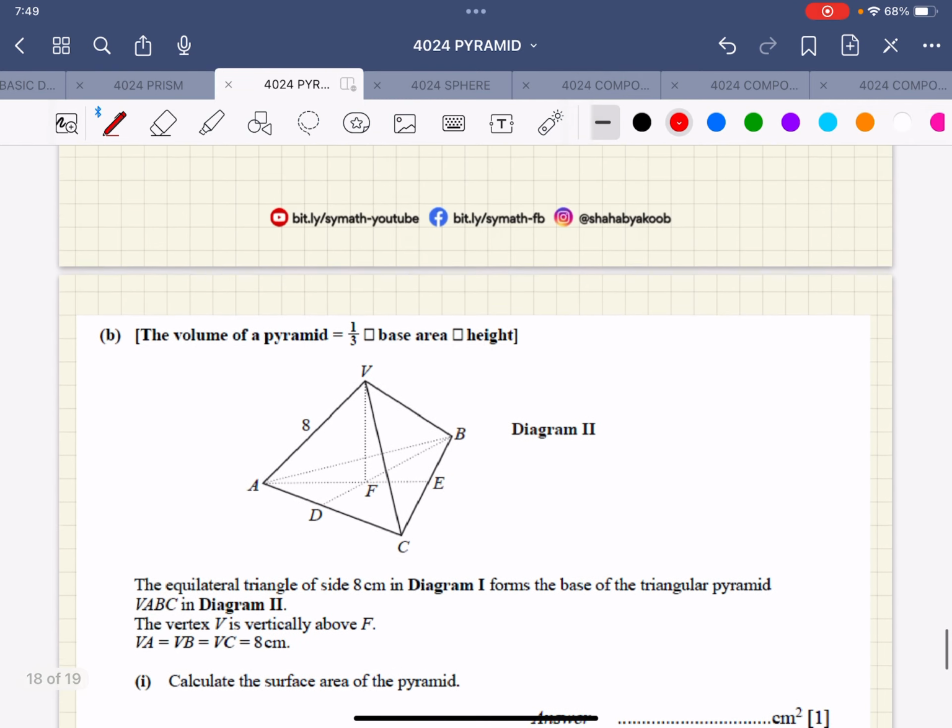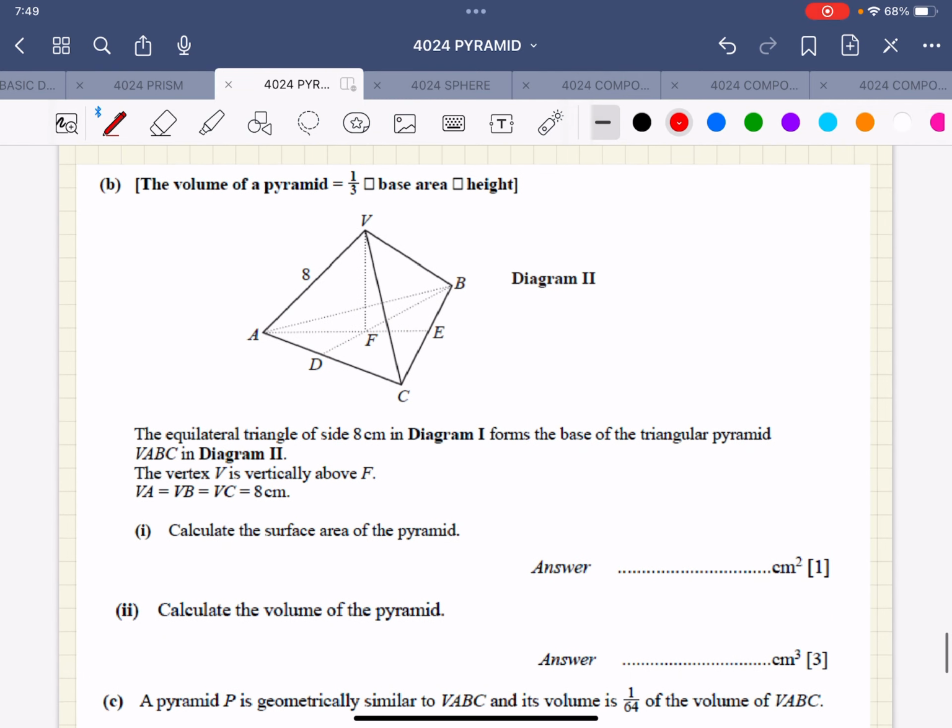Now let's focus on this. Again, we have the area formula. The volume of a pyramid is 1/3 base area multiplied with height. This is for multiplication. It's not crossing it out. Now it says the equilateral triangle of side 8 centimeter in diagram 1 forms the base of the triangular pyramid.